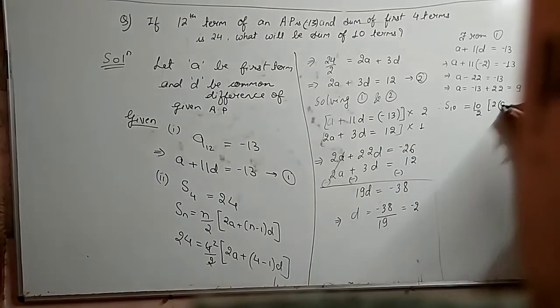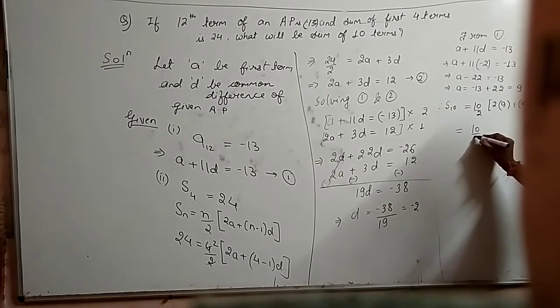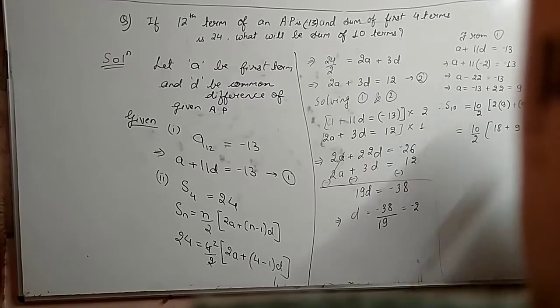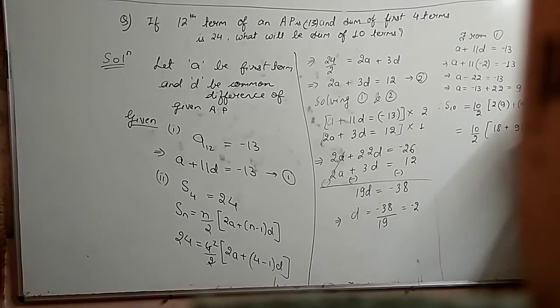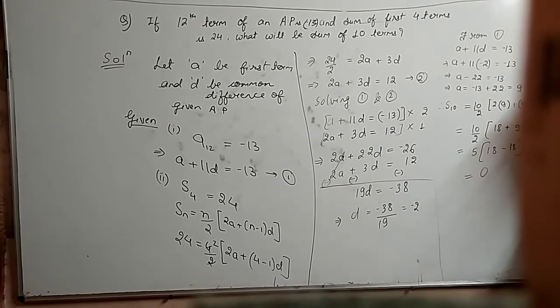The value of a is 9, n is 10, and sorry, the value of d is minus 2. So 9 into minus 2 is 18, and 18 minus 18 is 0. So the sum of 10 terms of this series is 0. This is your solution.